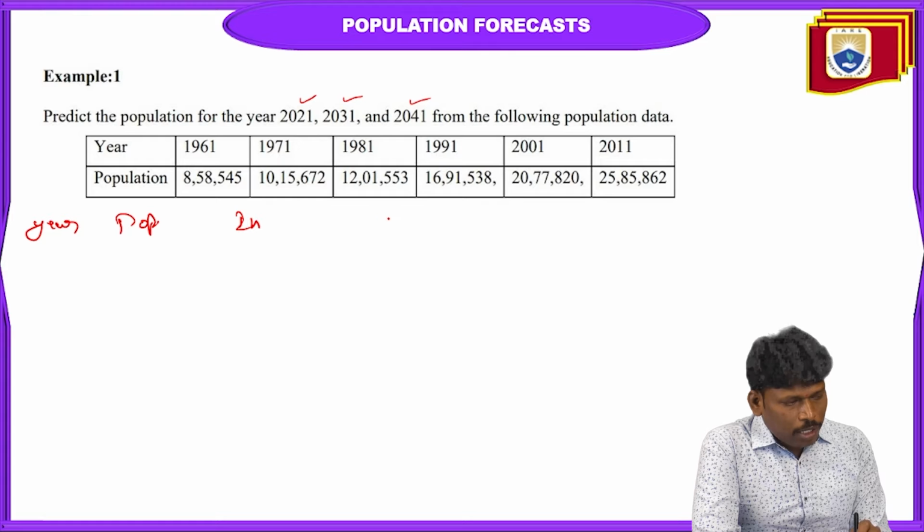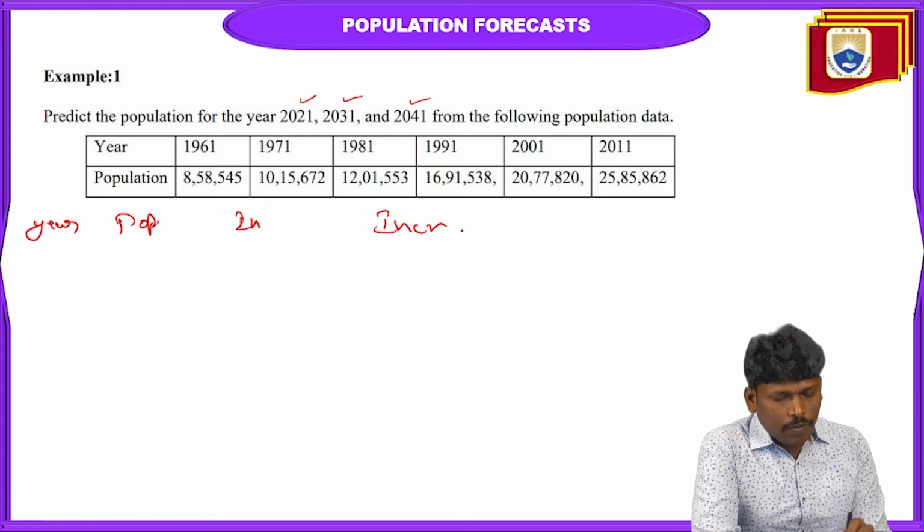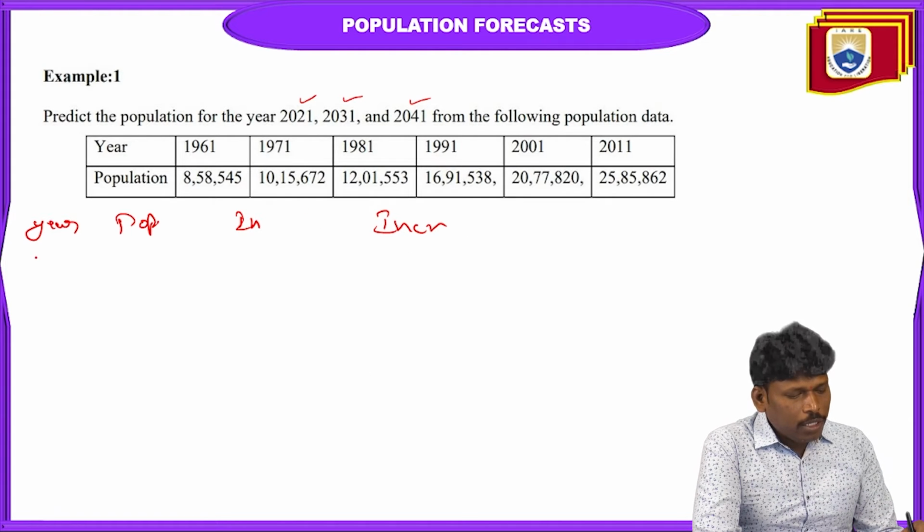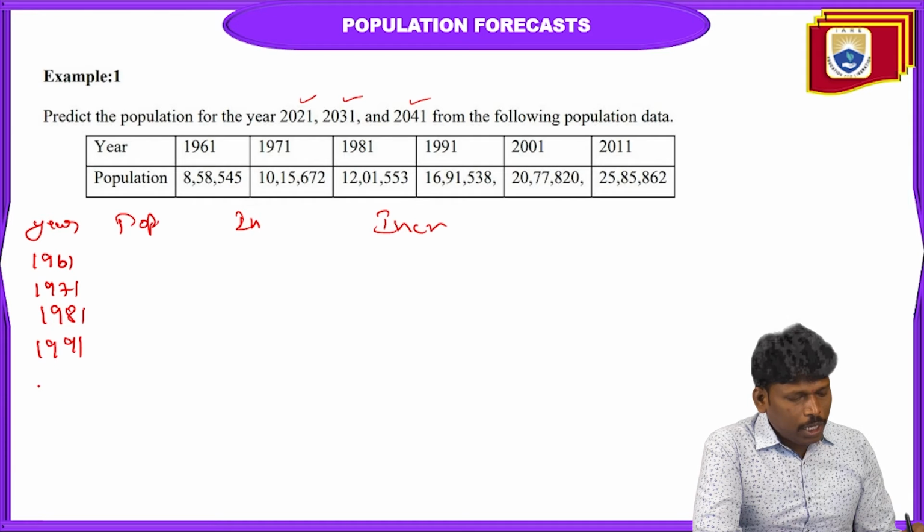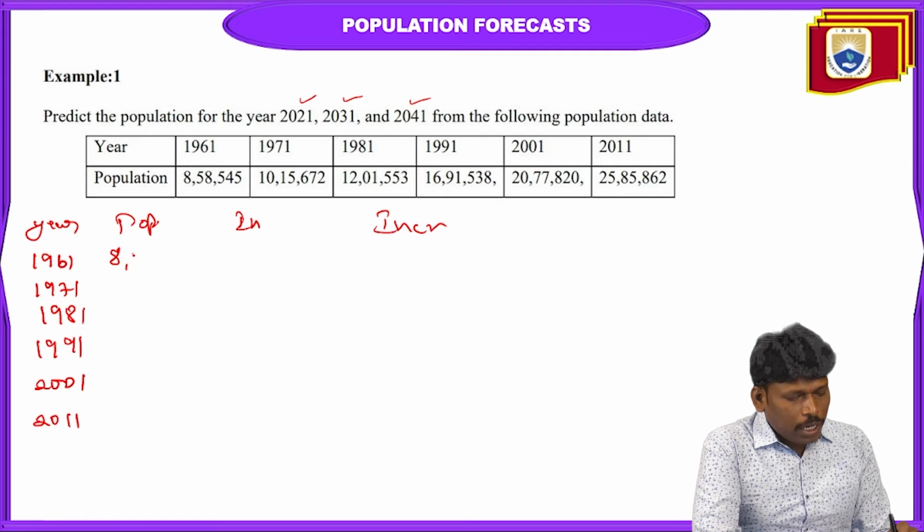and then the incremental increase. This is the one added one. So here it is 1961, 1971, 1981, then 1991. This is the completely given data, and 2001 and then 2011. So here the population is 8,58,845 and 10,15,672.